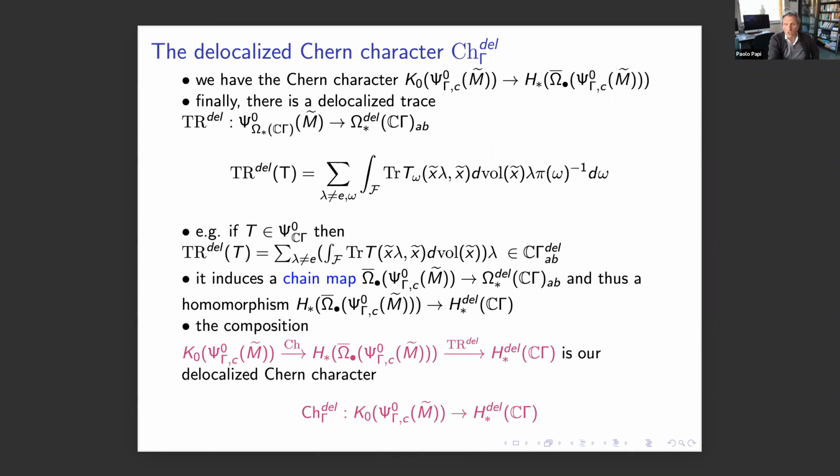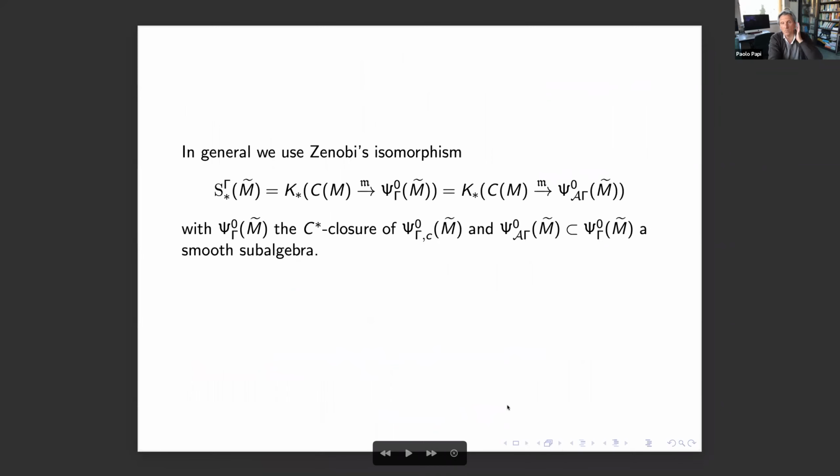So this is the way I wanted to explain how you pass from the K-theory of the zeroth order pseudo-differential operators, where your rho class is, to non-commutative Dirac homology of C gamma. So this is the map that I was trying to explain.